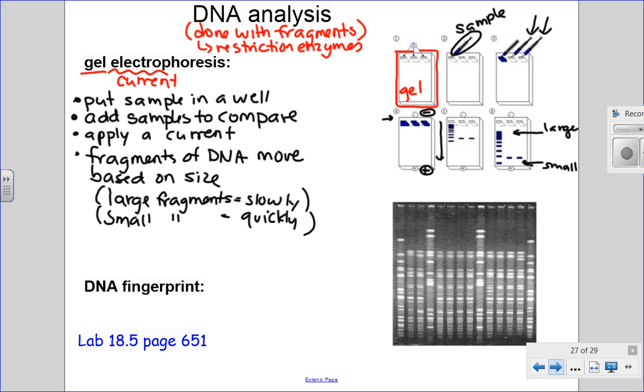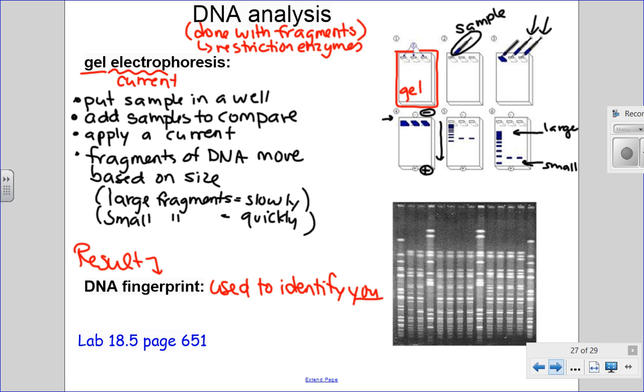Now the result that you get is what we call a DNA fingerprint. And this DNA fingerprint can be used to identify you or whoever's DNA we were testing.